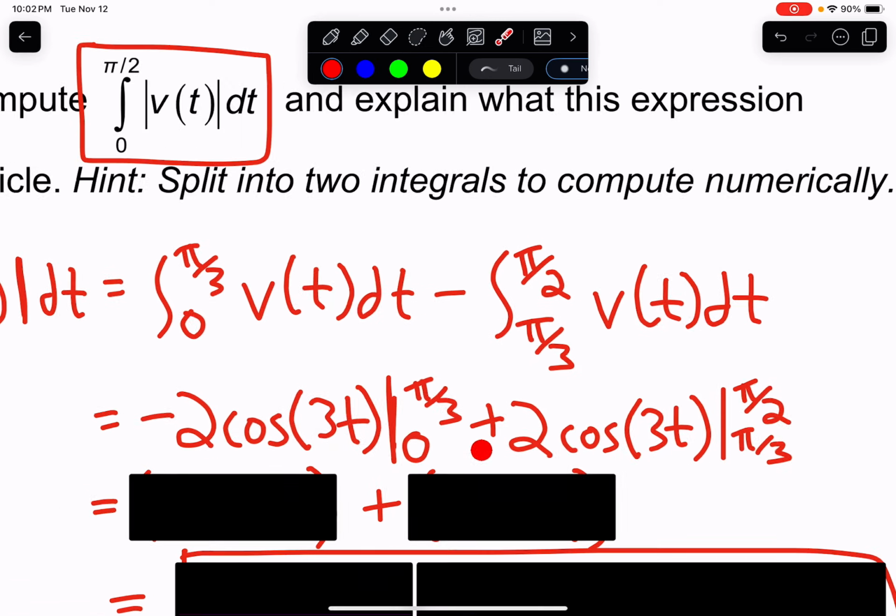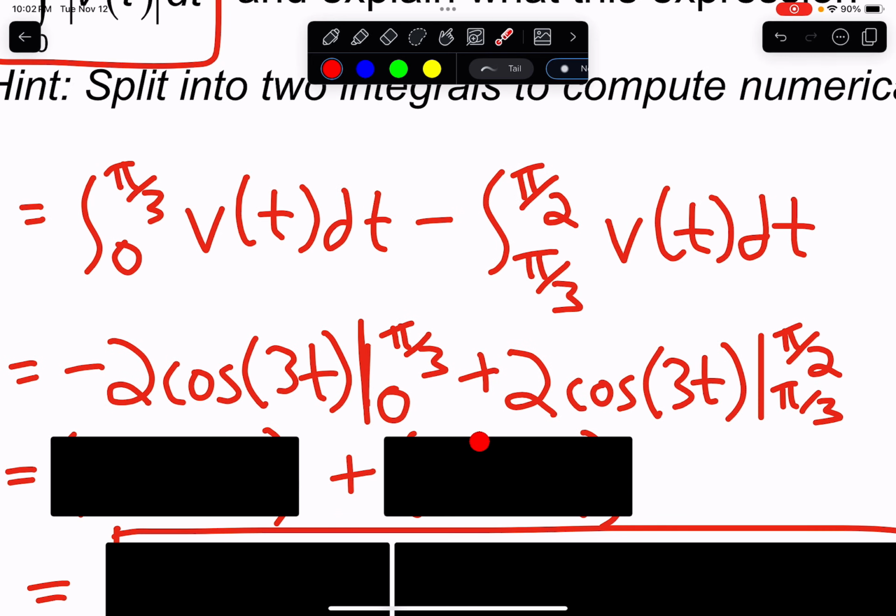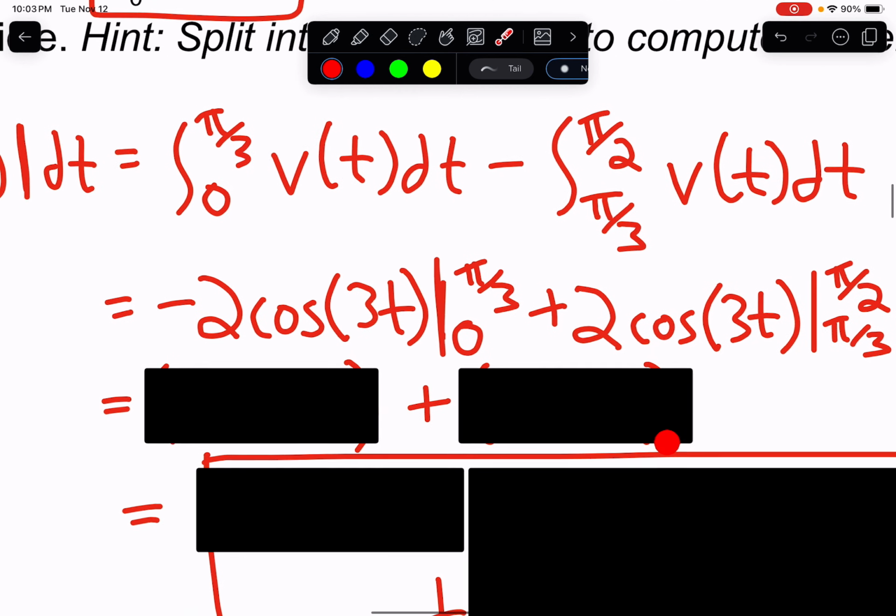Now be careful here. It's very easy to start mixing and matching stuff. Do these separately, okay? We have to plug 0 and pi over 3 into this one, and pi over 3, pi over 2 into this one, and subtract them, because of the fundamental theorem. But let's go ahead and plug these things in and help ourselves out. So pi over 3 goes in. This becomes cosine of pi, which is negative 1, times negative 2, which is positive 2.